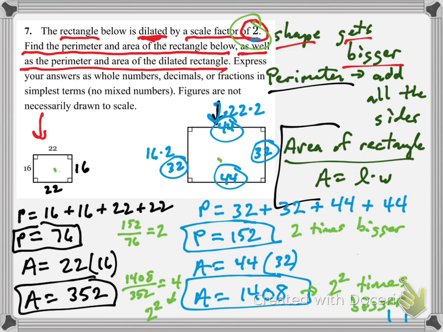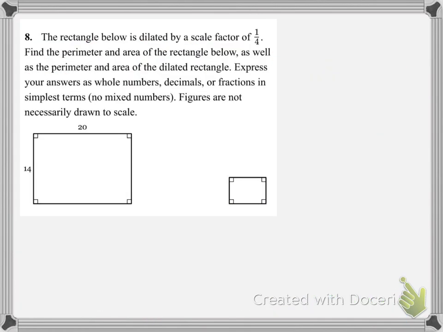Now, let's apply that concept we just said to the next problem. Same problem, except this time the scale factor is 1/4. Find the perimeter and area of the rectangle below. Okay, so perimeter. So this is 14, this is 20.